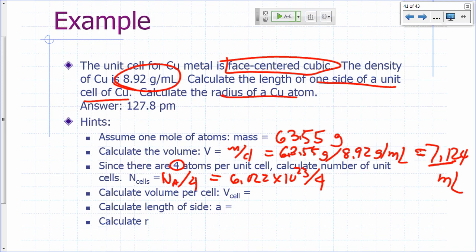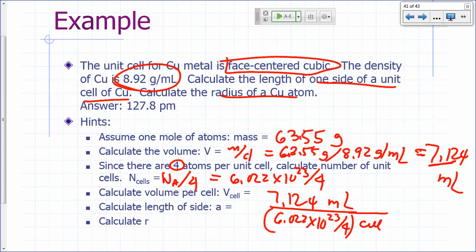That gives you the volume per cell. So what's the total volume? 7.124 milliliters divided by the number of unit cells, which is 6.022 times 10 to the 23rd over 4 cells, right? So that's the volume of each unit cell.